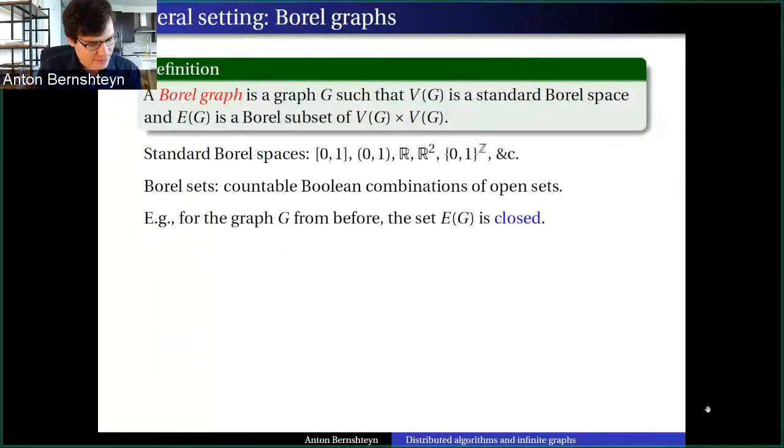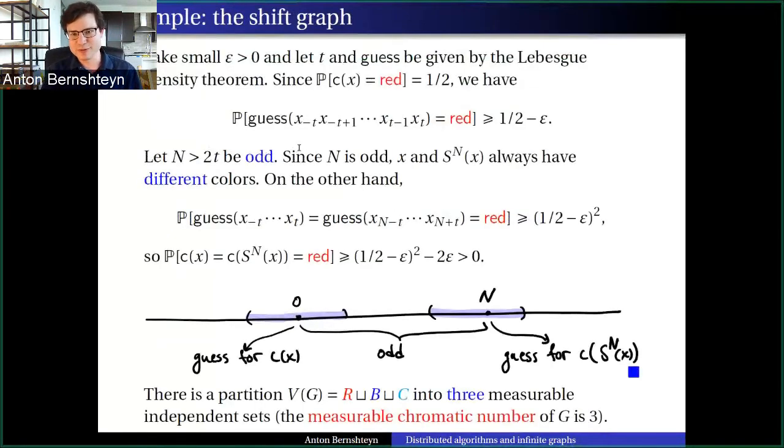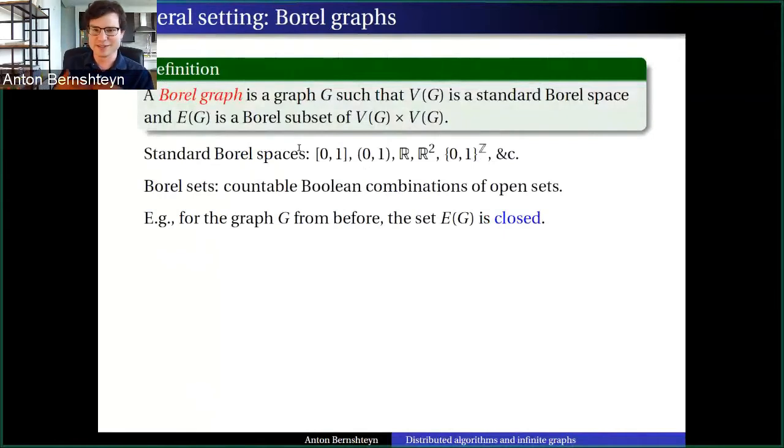Let's see here. Before moving on, let me just say this is just a slide with a few generalities, which are not very important, but it's just the terminology so that when I make statements of theorems, at least written statements are correct. So in general, this is just one example of a graph. Of course, in general, we want to prove general theorems about classes of graphs with some properties.